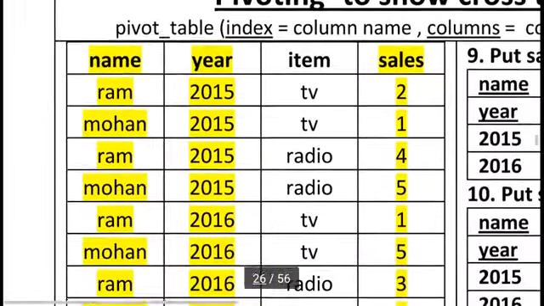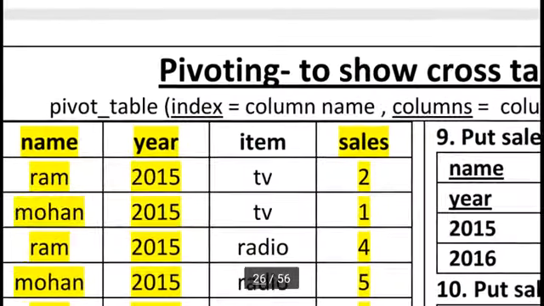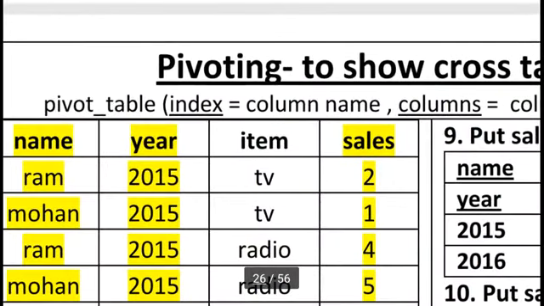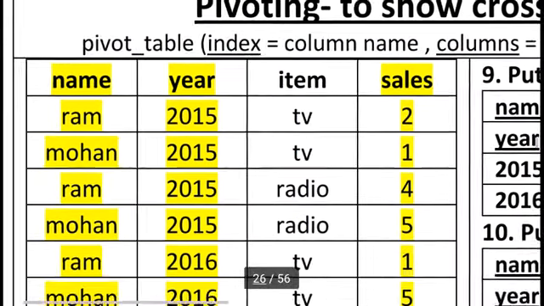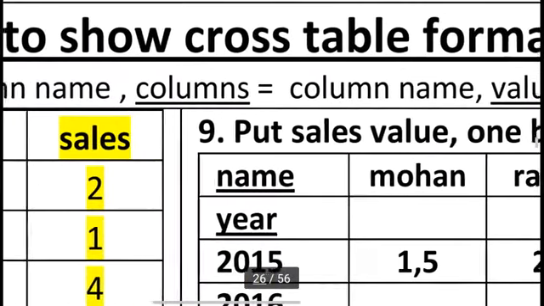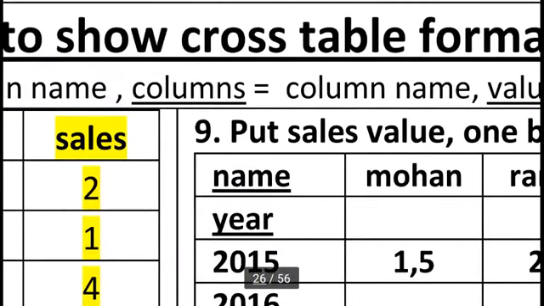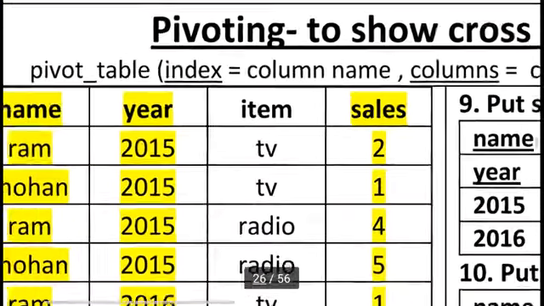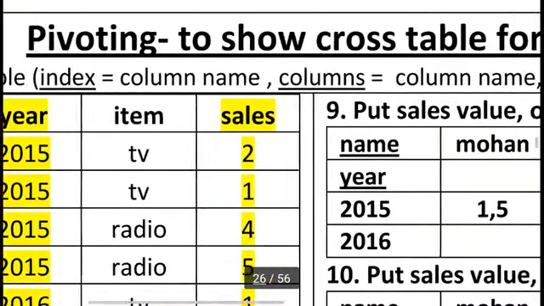I am taking this example again. You know the syntax of pivoting. pivot_table, index equal to column name, means in the pivot table I want to select a column which I want to put in the pivot rows. In columns, for pivot columns, I want to select a column in this table and put it in the pivot columns.